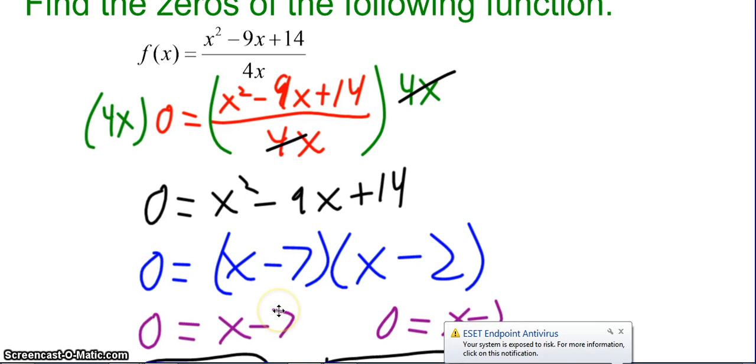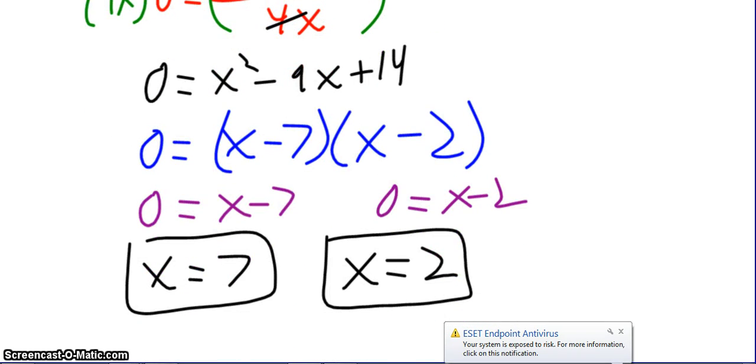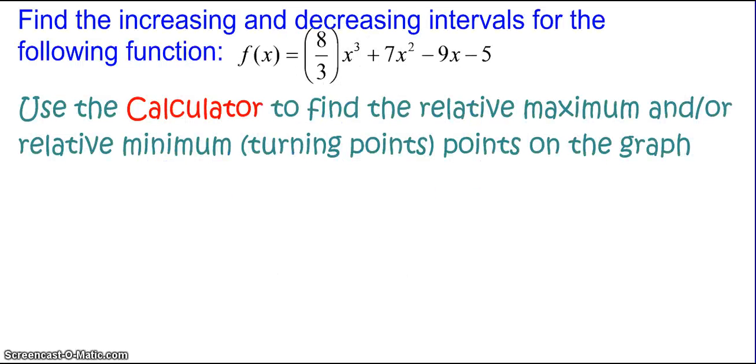Set each factor equal to 0, and I get x minus 7 equals 0, x minus 2 equals 0, therefore x equals 7 and x equals 2. If this quadratic did not factor, we could use the quadratic formula or complete the square. If it was a higher order polynomial that we could not factor, then we would have to turn to our calculator. Okay, so now we're going to look at how we can do this on our calculator.